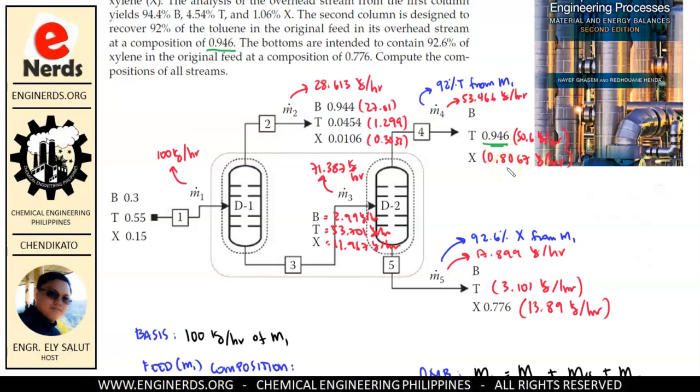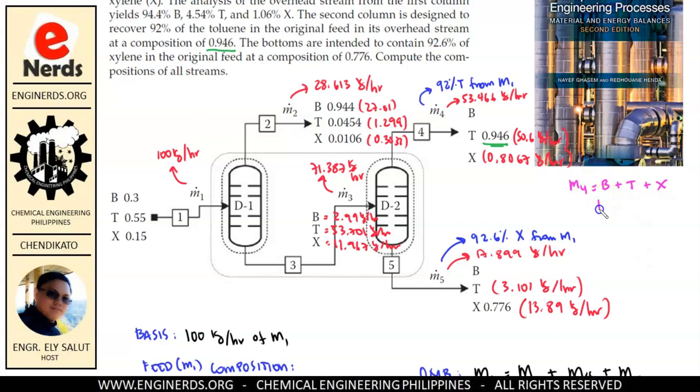So that means we can get the value of our benzene. So how are we going to do that? So all we have to do is to add all our value of T and X and subtract that here sa ating M4 because our M4 is equal to benzene plus toluene plus xylene.